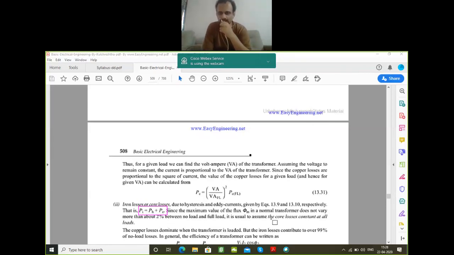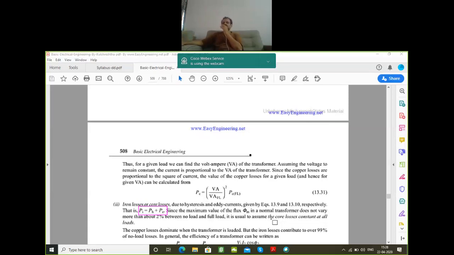It is known that the flux which links the primary and secondary does not change more than 2% when load is connected and when load is not connected. So basically, the flux which links the primary and secondary is independent of the load. That you should know.